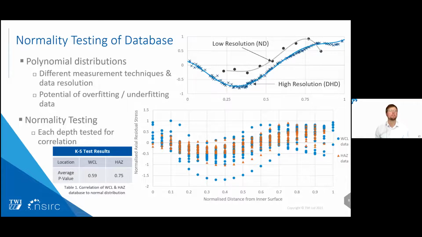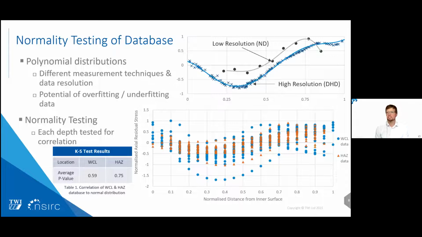Using that polynomial equation, you can say that at any given depth, this is the residual stress which occurs. There are some inaccuracies involved in this method, but they're not particularly high as long as you're plotting your polynomial within the measurement data itself and not trying to predict anything outside of that.